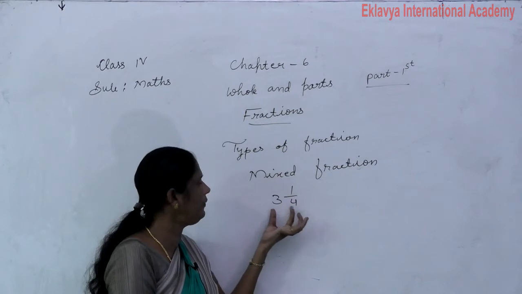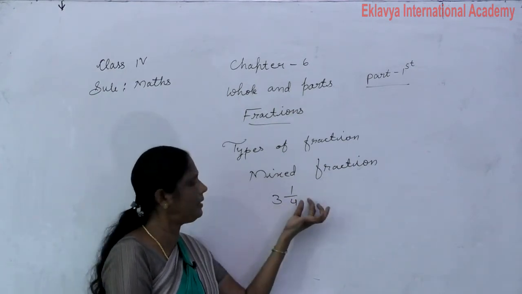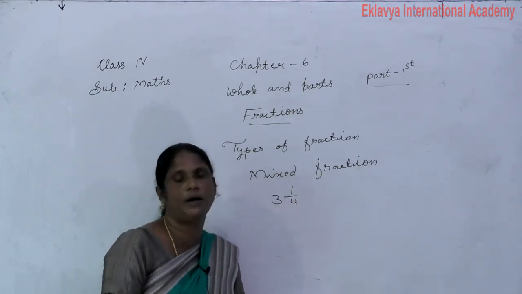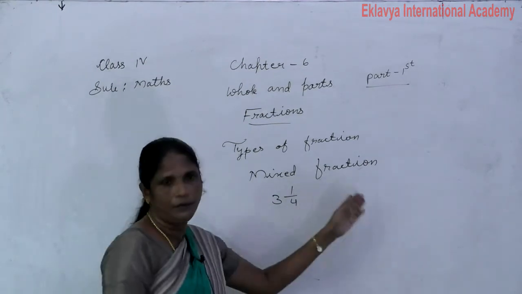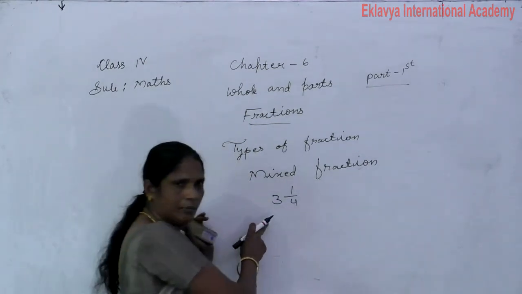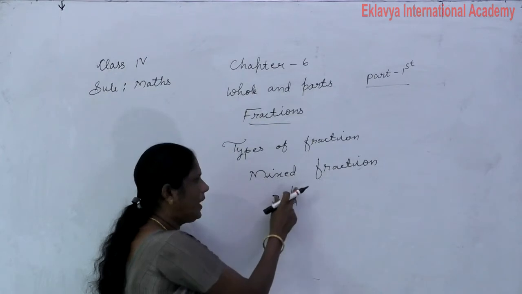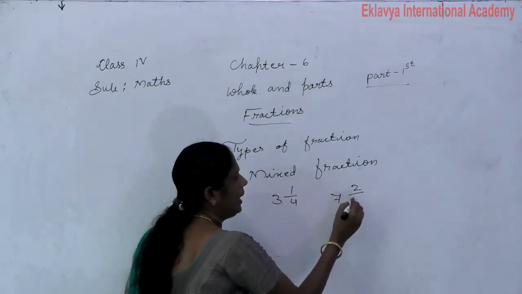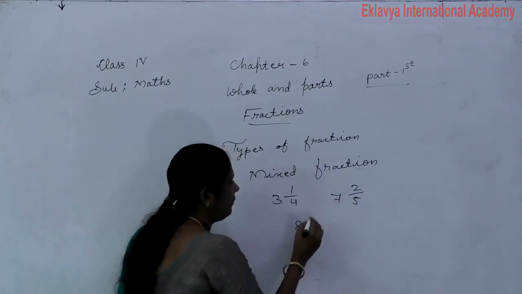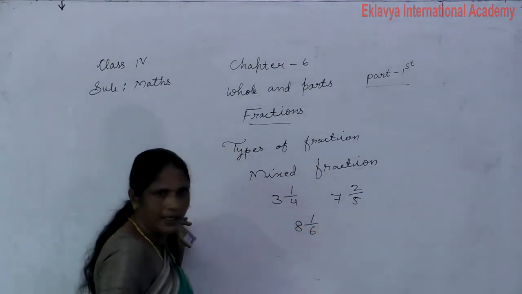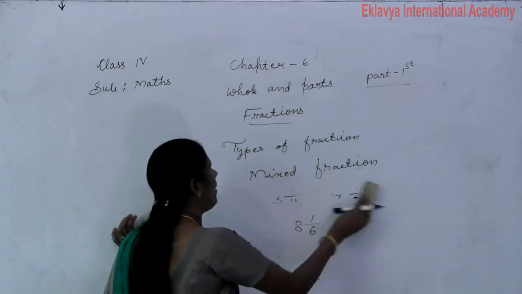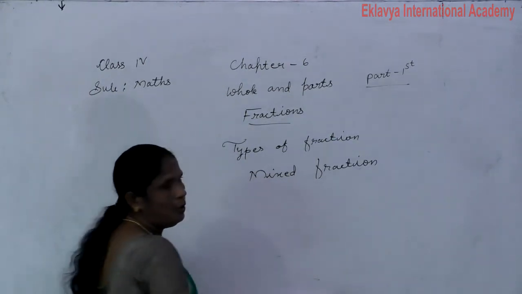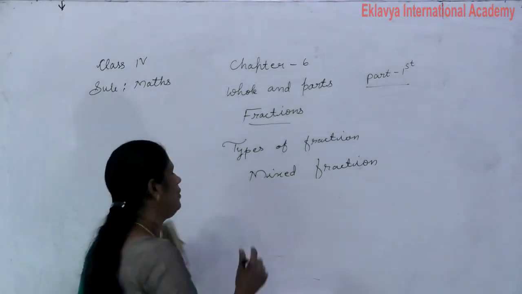How to read this number? 3, 1 by 4. 7, 2 by 5. 8, 1 by 6. Understand? Then the next, unit fraction.